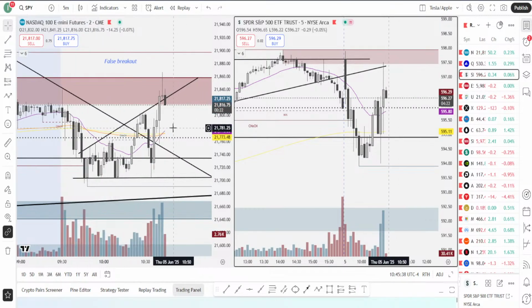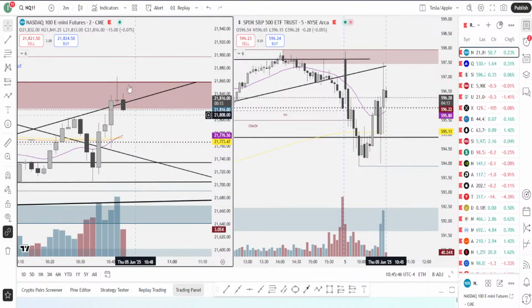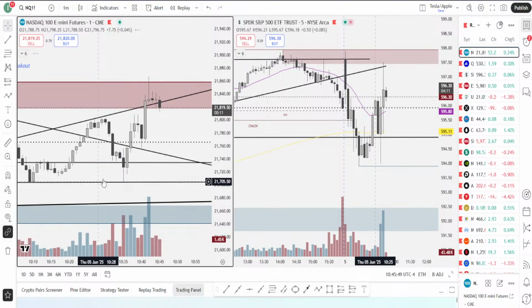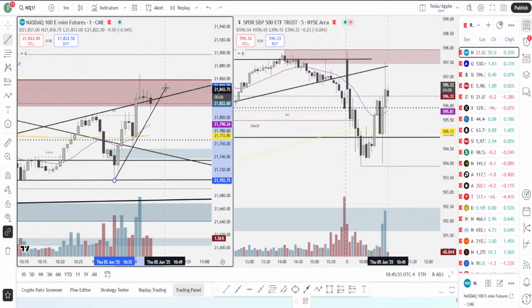Alright, she's coming down now, our supply zone. Let's see. We're getting some kind of pullback. We got higher lows here on the chart.